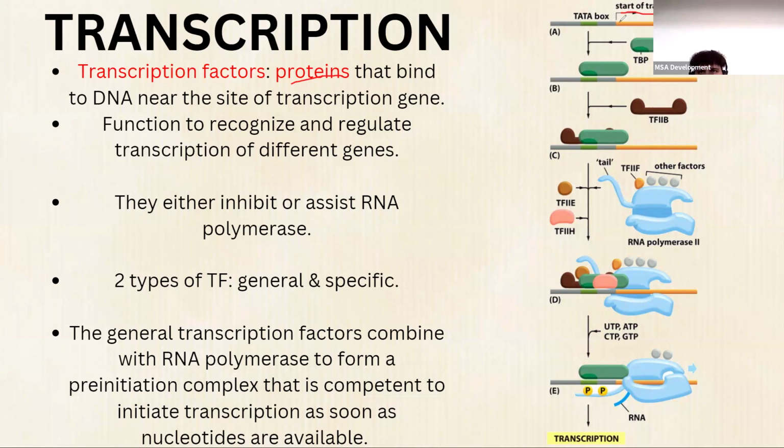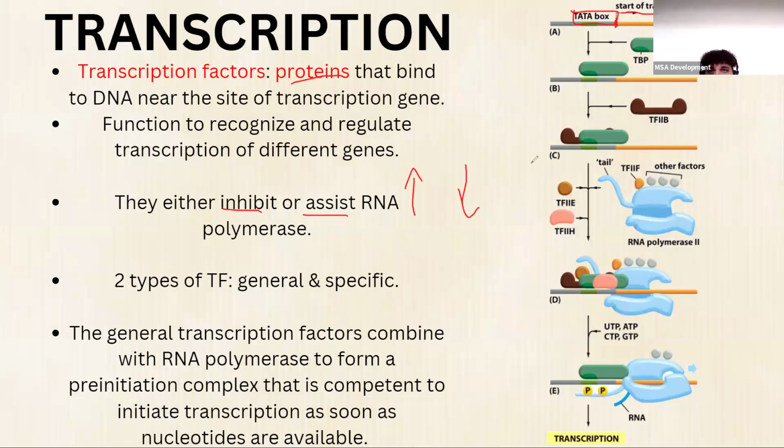So you have the start of transcription, it's this one right here. Before the start of transcription, we have transcription factors that bind to the DNA. What is their function? They recognize and regulate transcription of different genes. They basically inhibit or assist RNA polymerase. So they either increase the activity of the RNA polymerase or they decrease it.